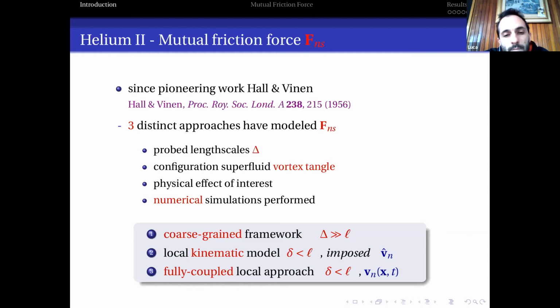Then there is a local kinematic model, which models the friction at scales Δ smaller than the average intervortex spacing, and in this case we have an imposed normal fluid velocity field, as we will see in a moment. And then a fully coupled local approach, which is at the same time mesoscopic, in the sense that the length scales investigated are smaller than the average intervortex spacing, but at the same time the normal fluid is evolved self-consistently with respect to the motion of the superfluid vortex lines.